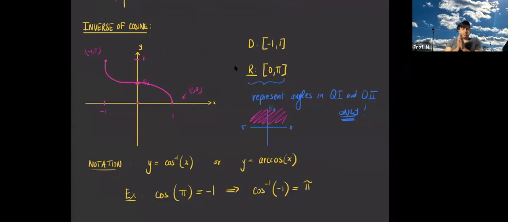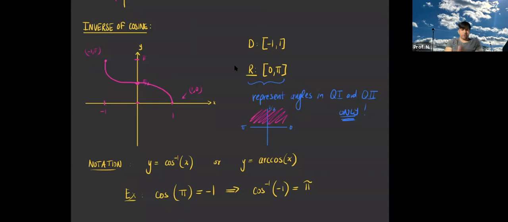Have you seen the graphs of inverse cosine or sine before? Okay, yeah, so this stuff is pretty new. So take some time to assimilate this new information. That's okay if you haven't. But now you have. So now you know what arc sine looks like. Now you know what arc cosine looks like.